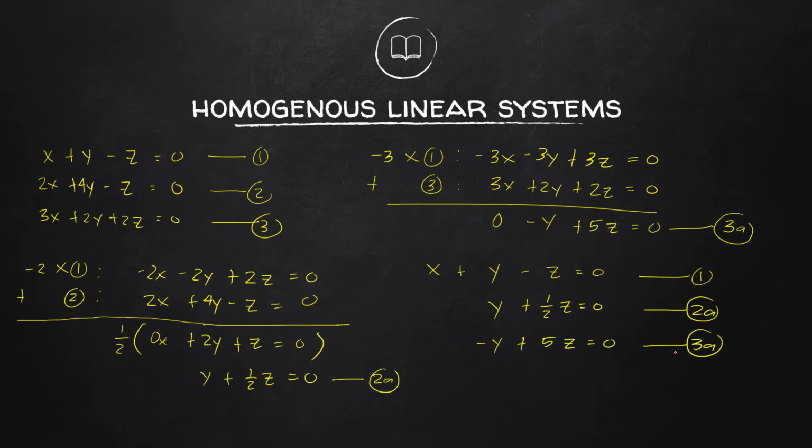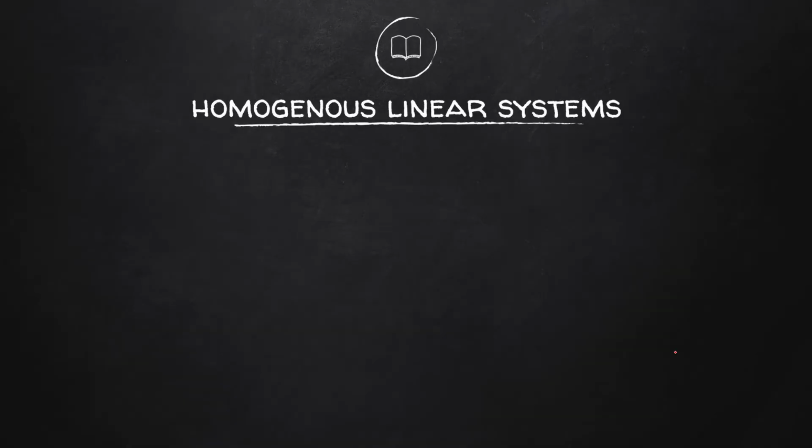And to do that, we will do again the process of elimination. That would be easy because we can just add equation 2a and equation 3a, since y here has opposite signs. So I did not multiply equation 3a by -1, for us to have an easier solution. This would be y plus 1/2 of z equal to 0, -y plus 5z equal to 0.